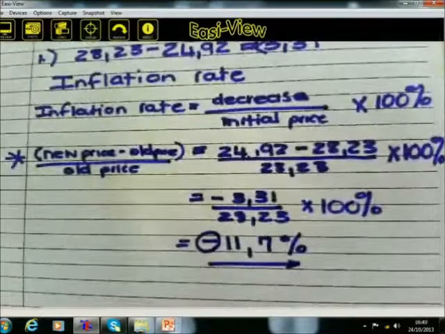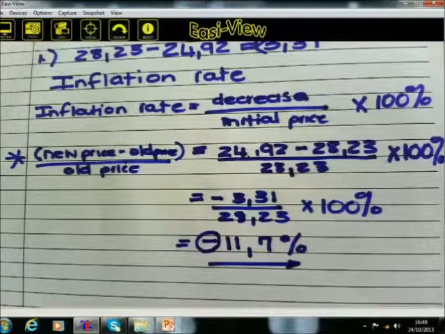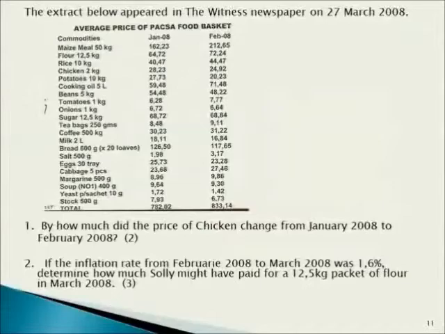Right, let us have a look at another possible question. If the inflation rate from February 2008 to March 2008 was 1,6%, determine how much Solly might have paid for a 12,5 kilogram packet of flour in March 2008.